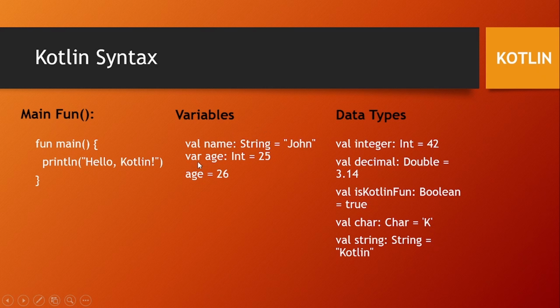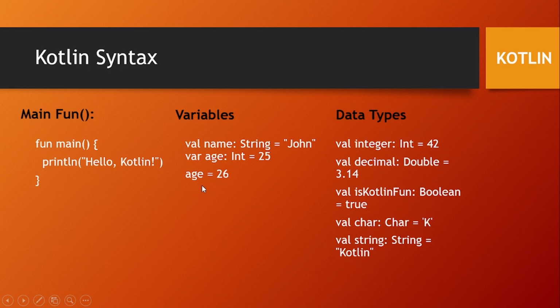Another keyword is the var keyword, for declaring mutable variables so we can change their value later on. The name of our variable is age, and I have explicitly assigned its type as Int. I have assigned 25 to the age variable that I declared.